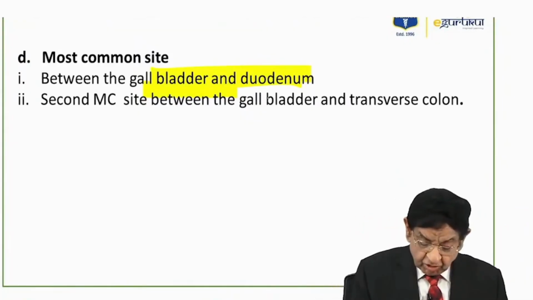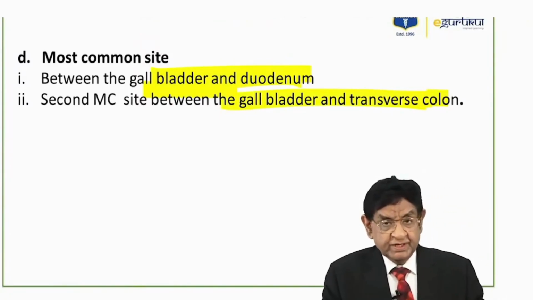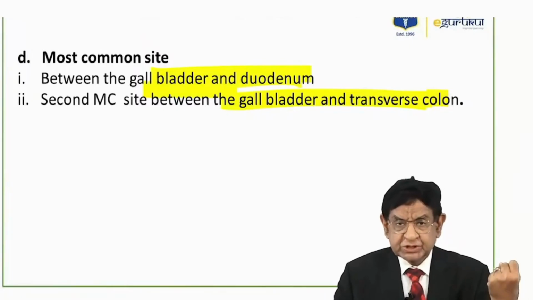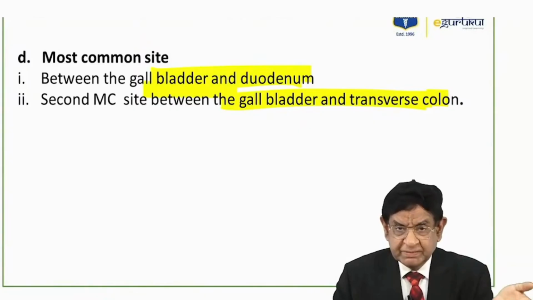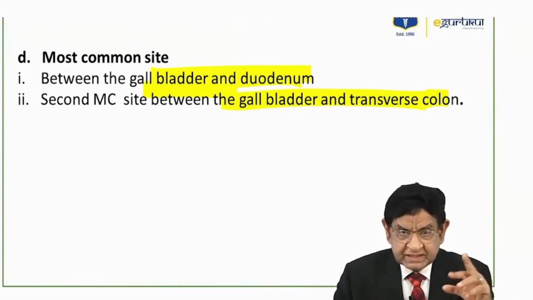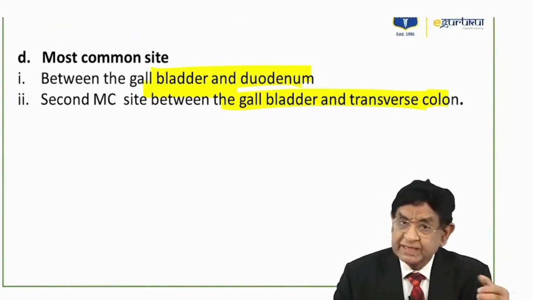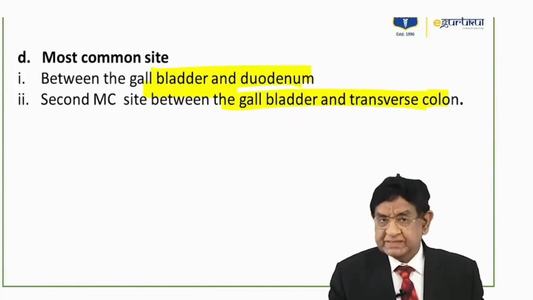And second is gallbladder and the transverse colon, which I told you, which is why the patient has no symptom. Normally when we talk about ileus, we use the term for the small intestine. But here the fistula forms between the transverse colon and the gallbladder, but it can be in the small intestine also. The second common site is the transverse colon.